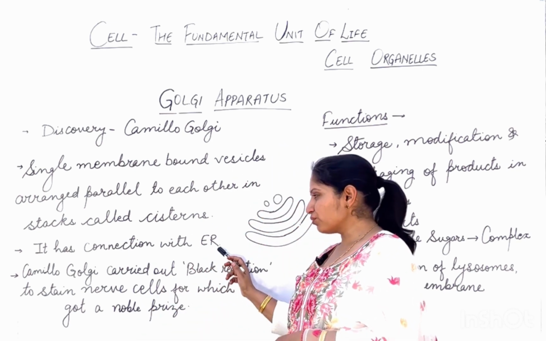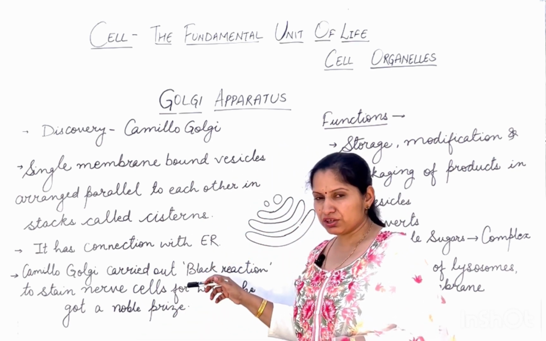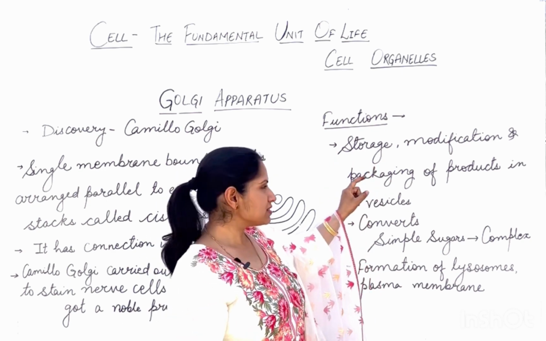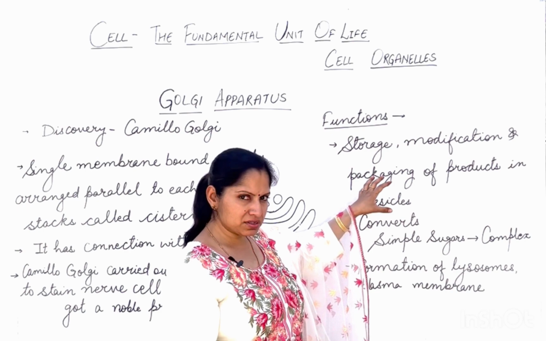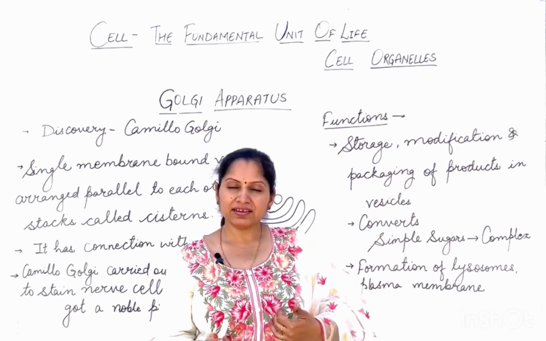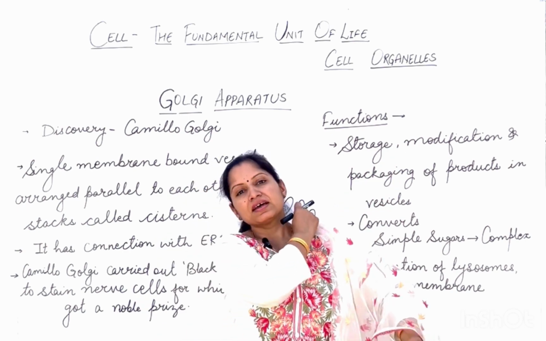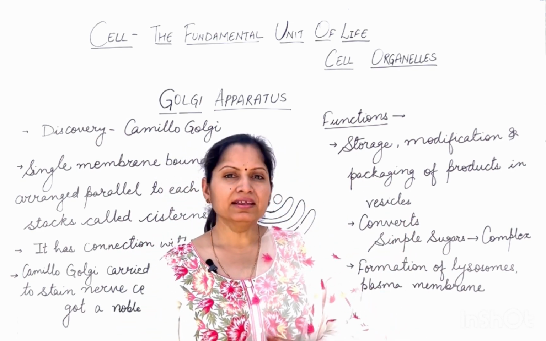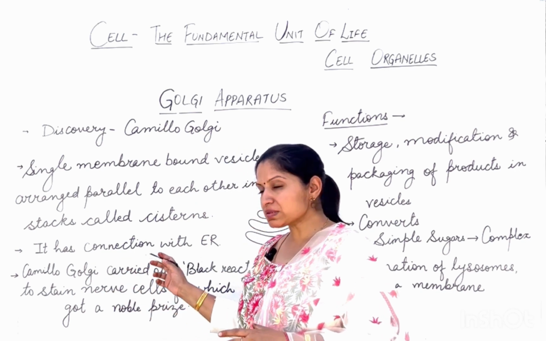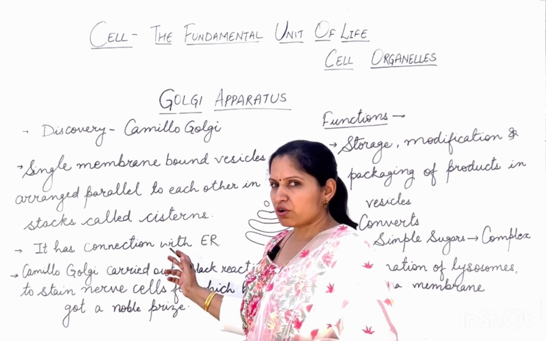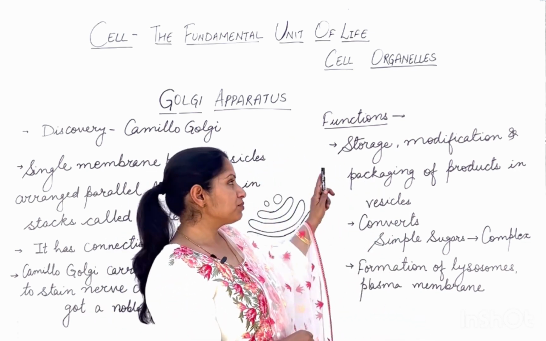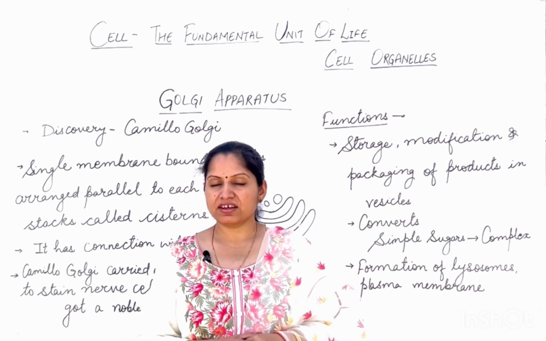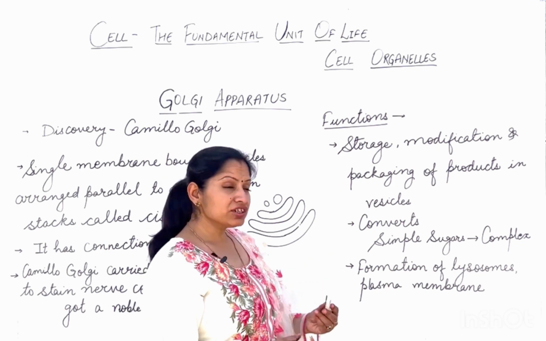So suppose the potatoes are grown in the endoplasmic reticulum, and the chips factory, the Golgi apparatus, is going to store the potatoes, modify them into chips, package them and send them to you. Similarly, the Golgi apparatus is close to the endoplasmic reticulum, close to the raw materials which need to be stored, modified, packaged and sent to the areas of action.